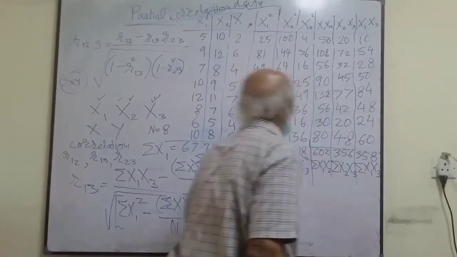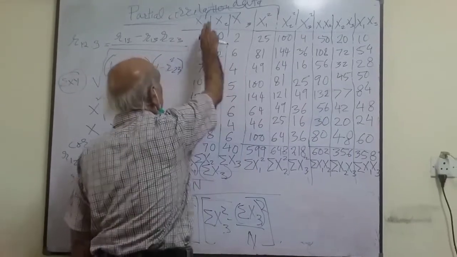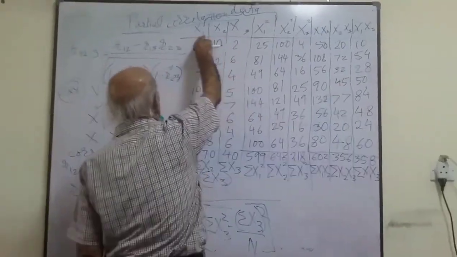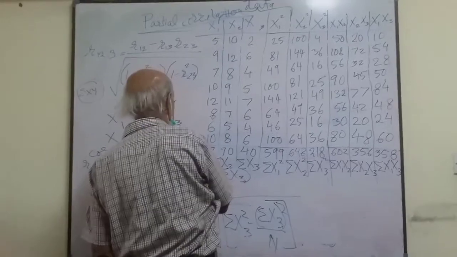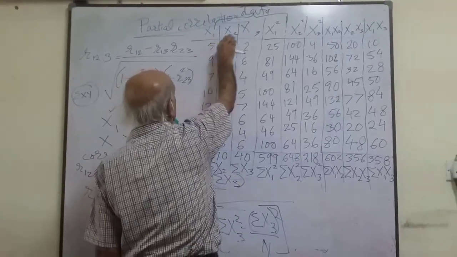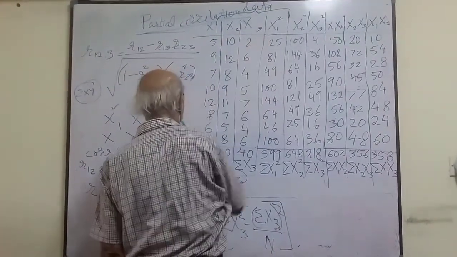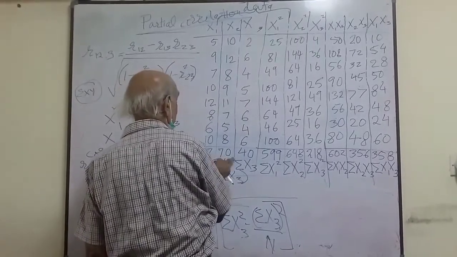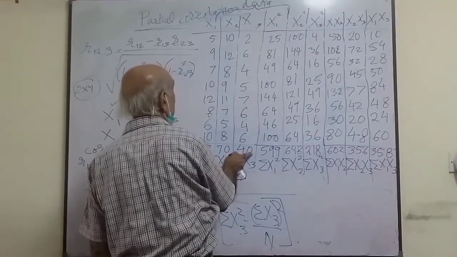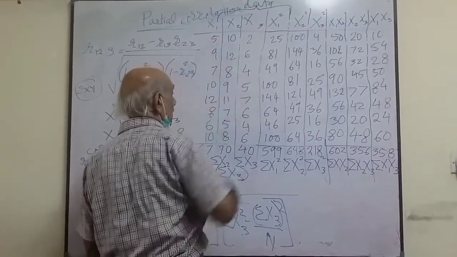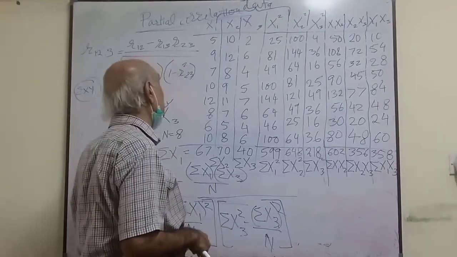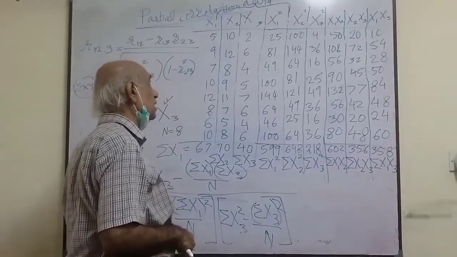So our first step is to calculate the sum x1, sum x2, sum x3. That is the sum of the three variables that we have, x1, x2, x3.